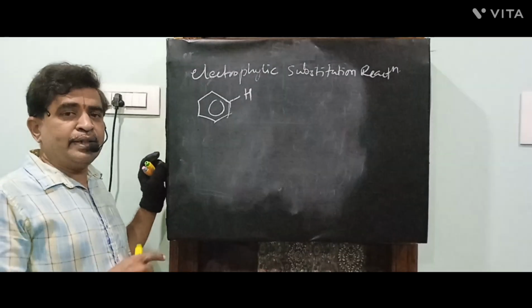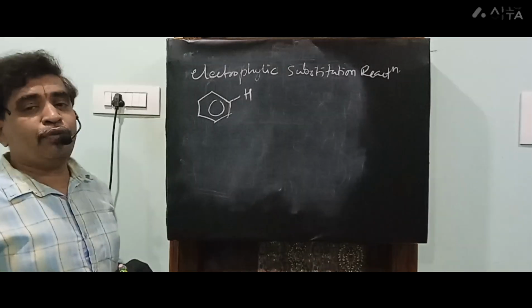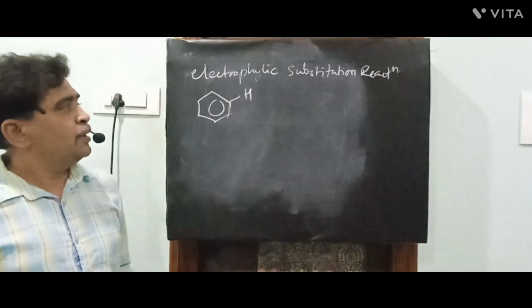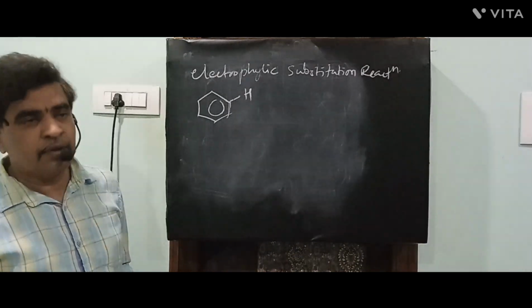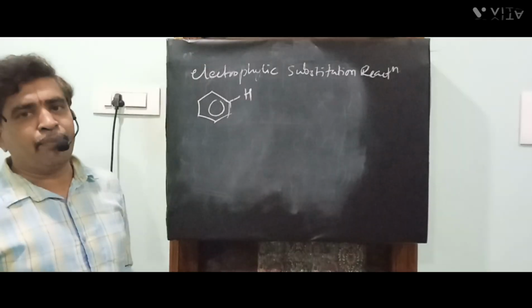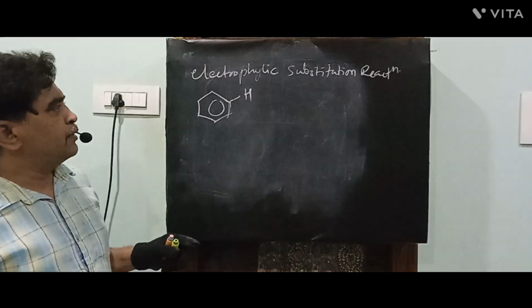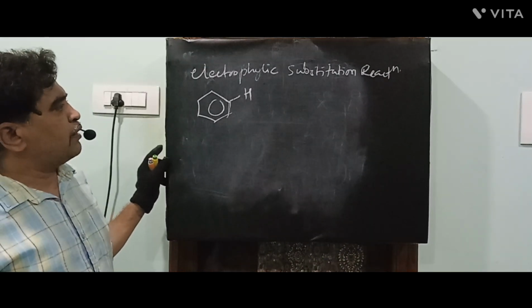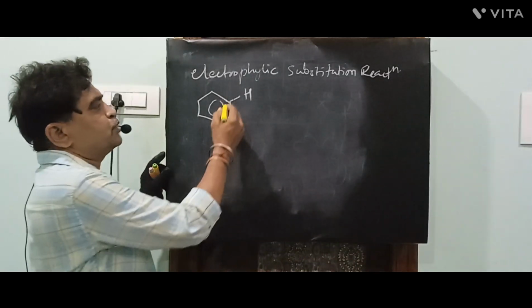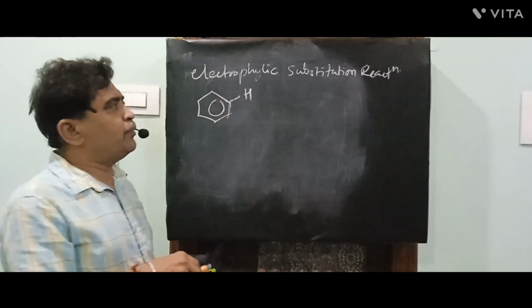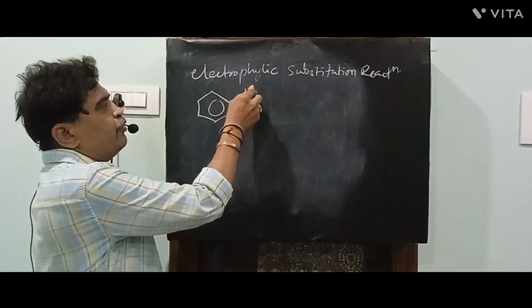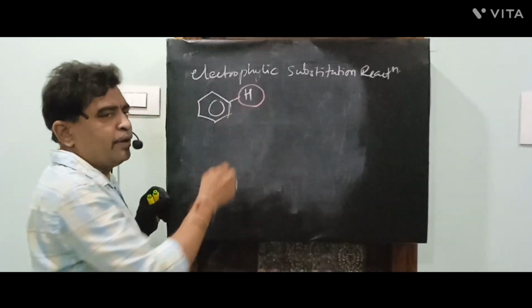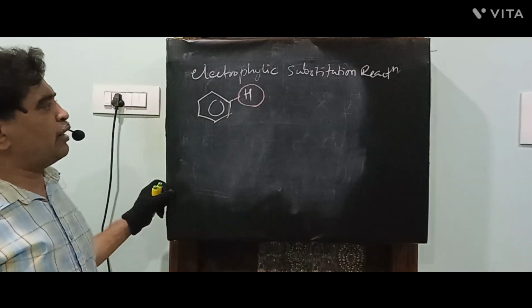So here we discuss electrophilic substitution reactions. We take one example, benzene. In benzene, carbon and hydrogen are bonded. If we want to eliminate the hydrogen and substitute an element or a group, what do we have to do?